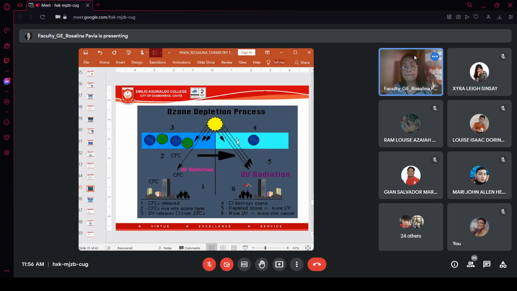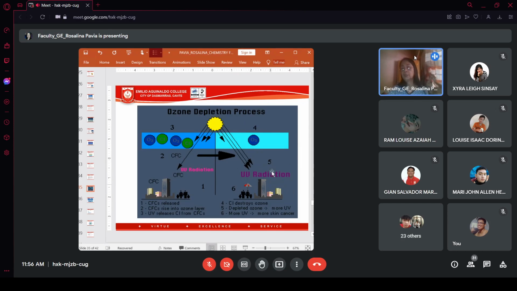Na-split na si chlorine, the tendency, yung chlorine, dinidestroy niya si ozone, nagkakaroon na ng thinning, naninipis na or nagkakaroon ng butas si ozone layer. So depleted na si ozone. So more UVs coming from the sun hitting the surface of the earth. So more UV, more skin cancer, more warming up of the atmosphere, and more warming the earth already.